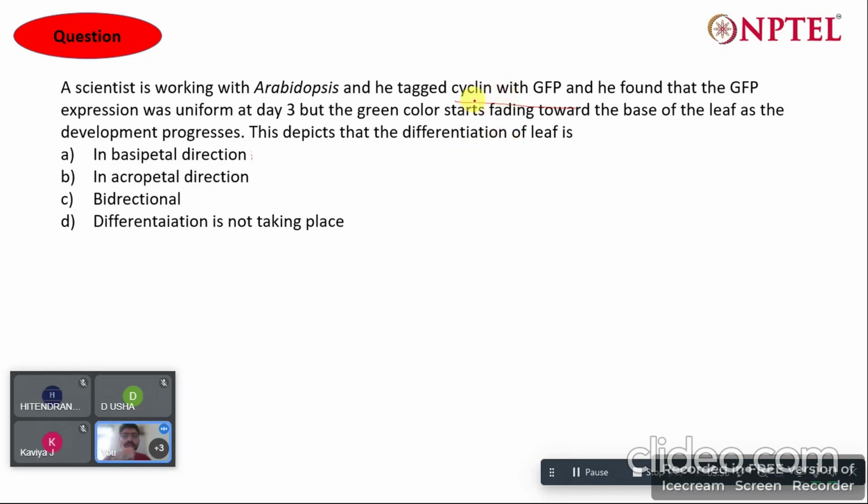So, in the question, we are tagging cyclin with GFP. Cyclin is basically involved in cell division. So when there is a high amount of cell division, there will be a high amount of cyclin present. During day 3, they are saying that it shows uniform expression.